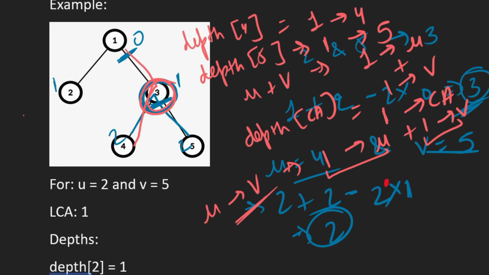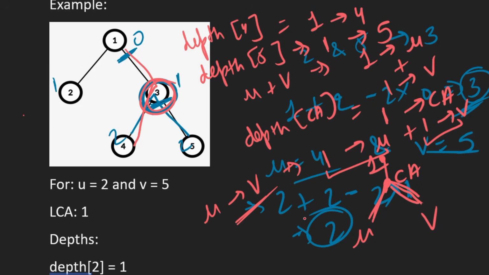So if there is one point that is the common ancestor, we have u, we have v. What we want is from common ancestor to u and common ancestor to v, but we are getting from 1 to u and 1 to v. So if we subtract the edges from 1 to the common ancestor, then we get from common ancestor to u and common ancestor to v.